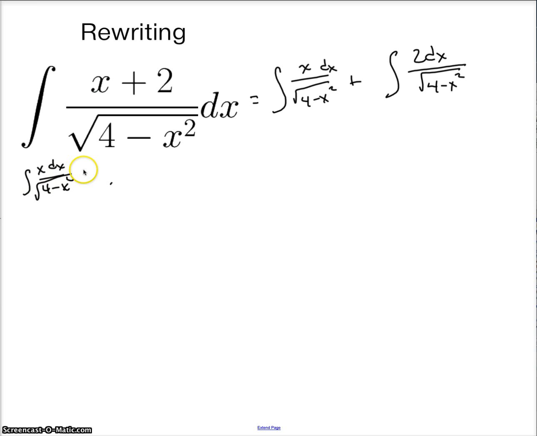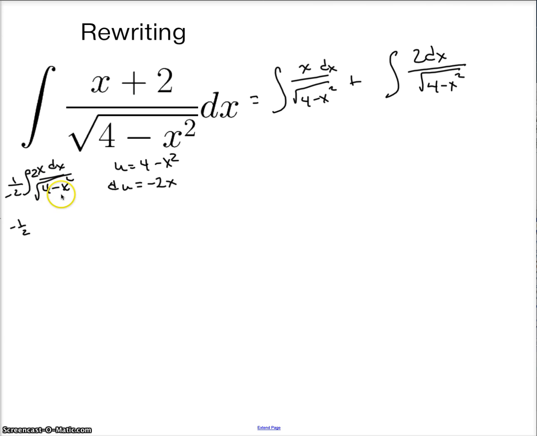Now this one is, let me do a u substitution, where if u is 4 minus x squared, du is negative 2x. So I can put negative 2 here, 1 over negative 2 out here. And this integral becomes minus 1/2.